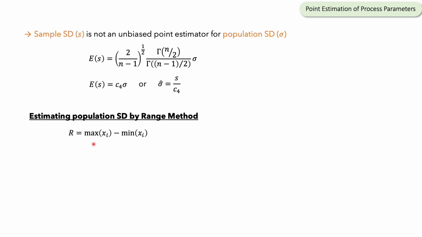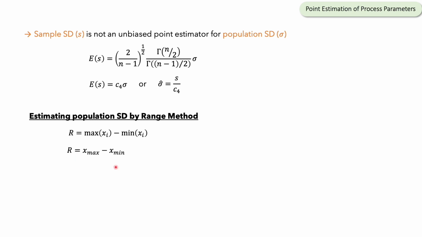You know that range is the difference between the maximum measurement in the sample and the minimum measurement in the sample. We can write it as x max minus x min, the largest value minus the smallest value in the sample. Here R represents the range.